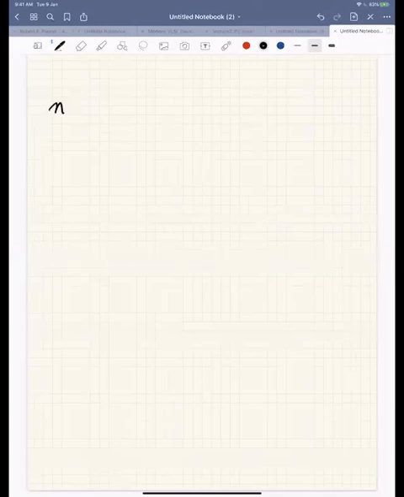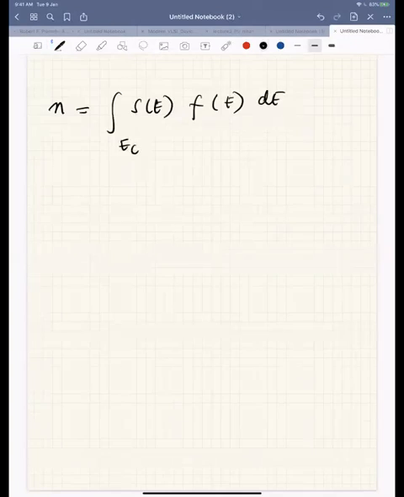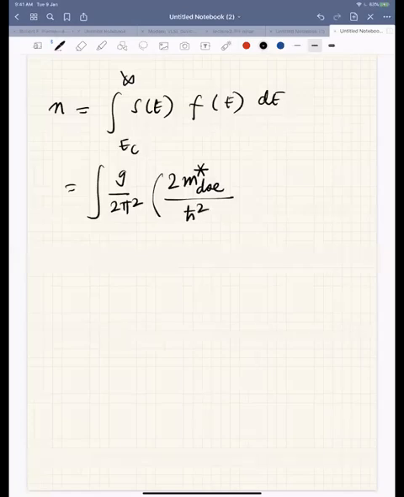If you do that, let me write down. You have the integral of AC, FE, DE, going from EC to infinity. And your AC is nothing but what we have written, this function: h bar, square root of E minus EC, times 1 by 1 plus e to the power (E minus EF) by KT, the Fermi function, into D. Right, so this is how it will look.